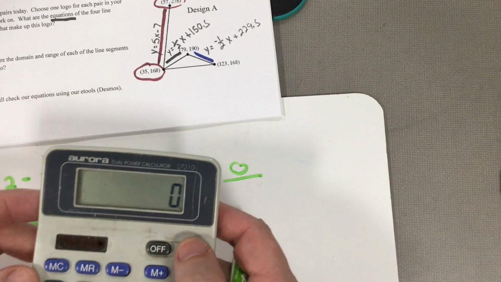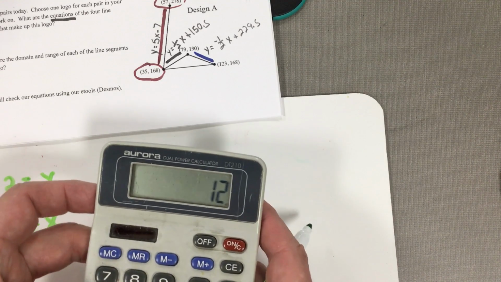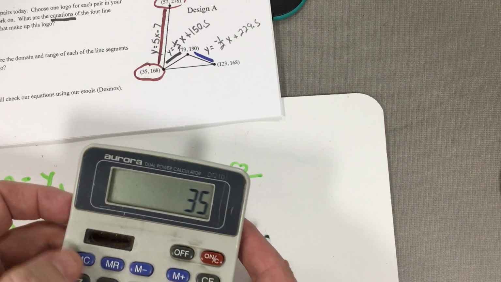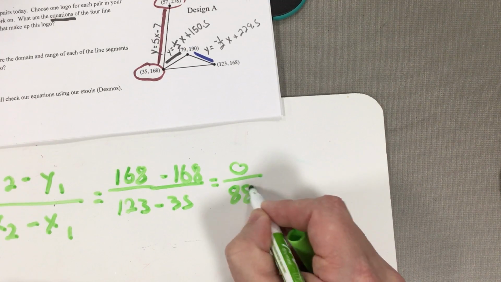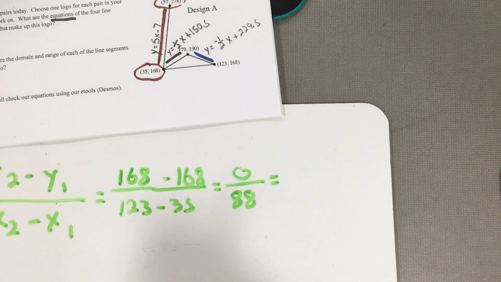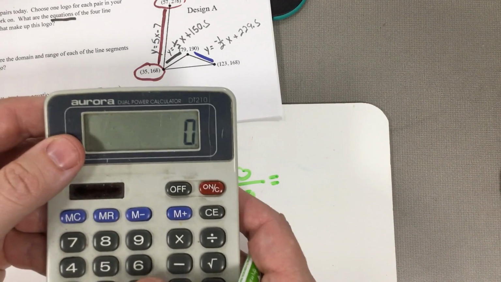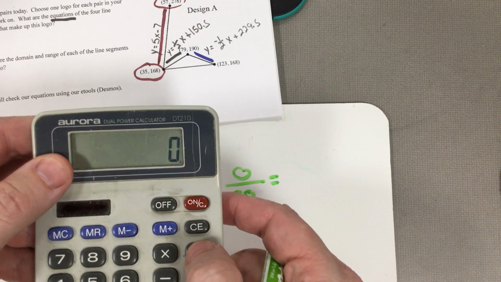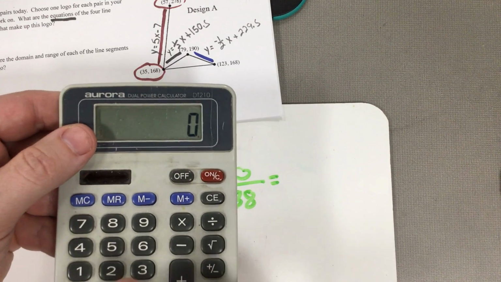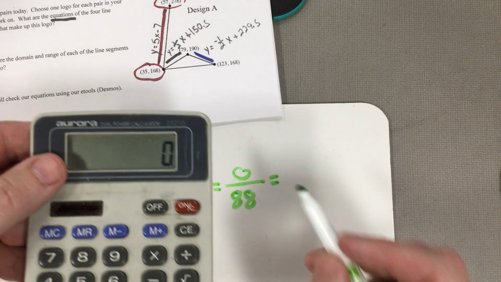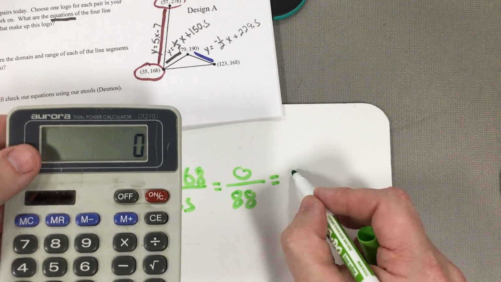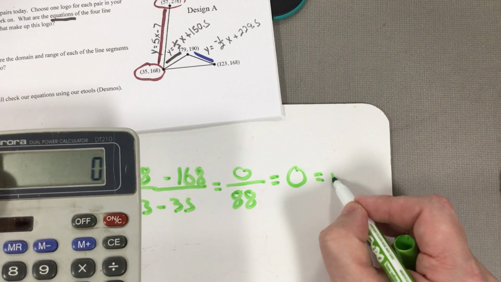If I take 123 minus 35, I get 88. So use your calculator. Take 0 and divide that by 88. What do you get? Your calculator should say 0. 0 divided by anything is going to be 0. So my slope is actually 0.